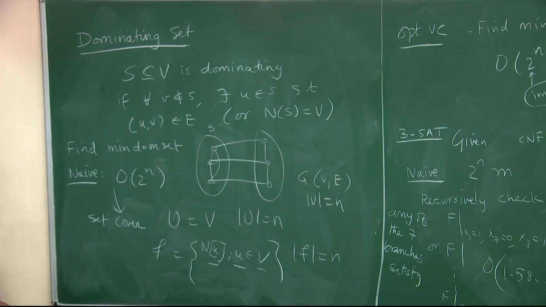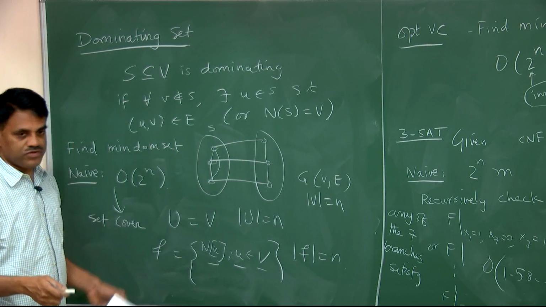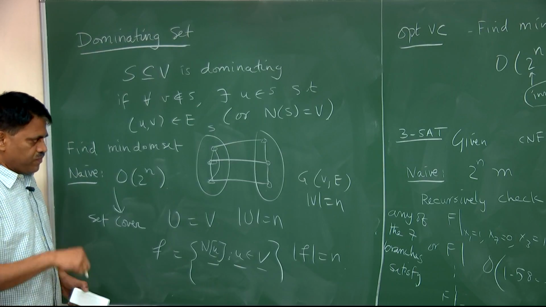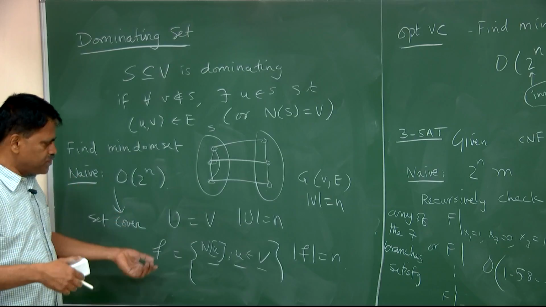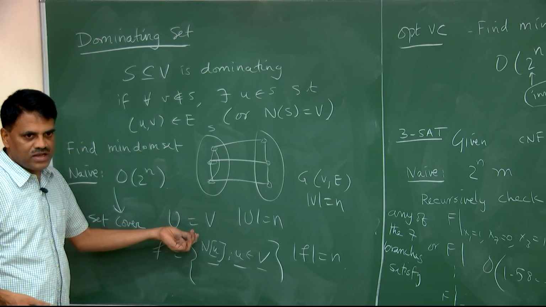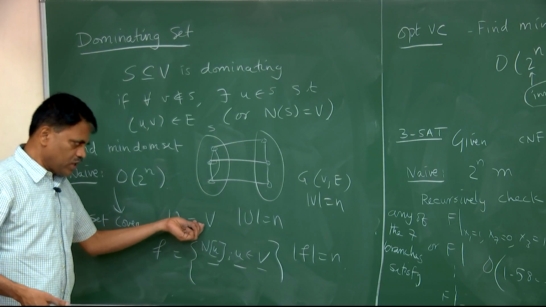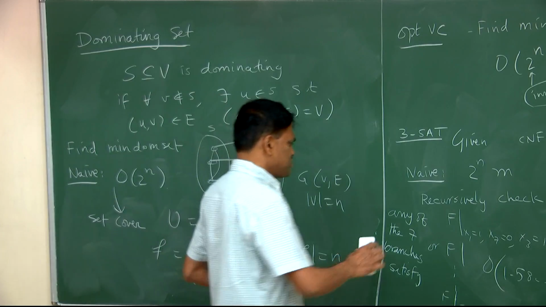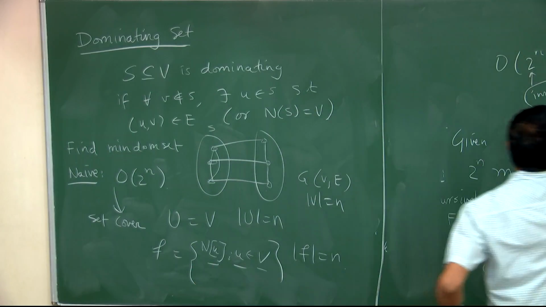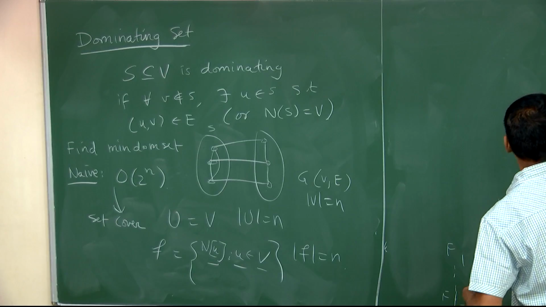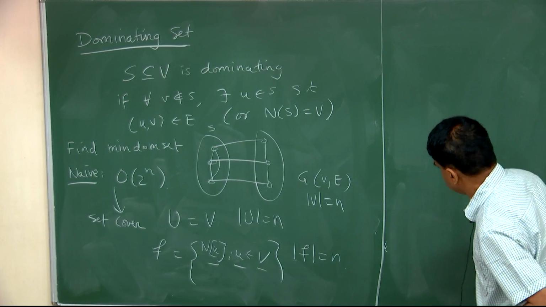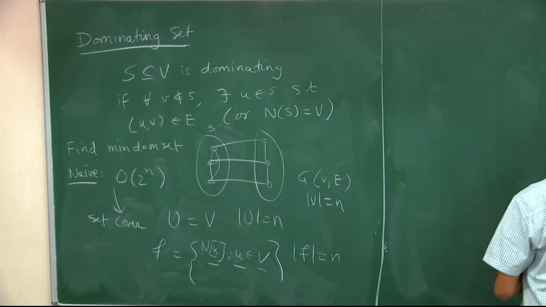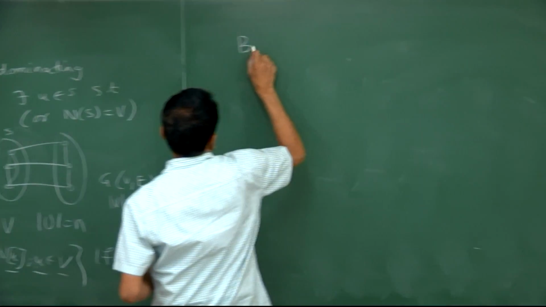Okay. So now I am going to give you a branching algorithm for set cover where my measure, what drops, would be both the set and the universe. It's a very simple branching algorithm. Branching algorithm for set cover.